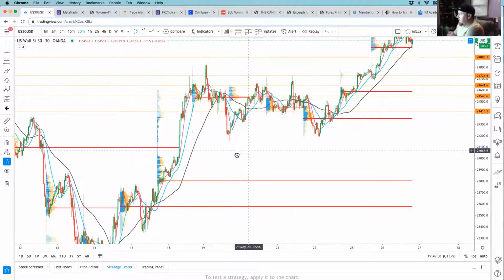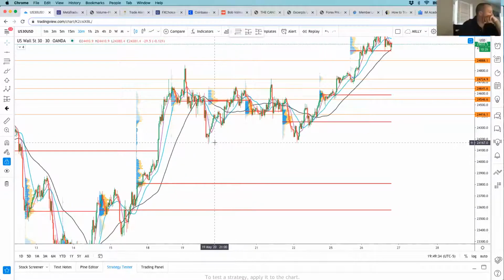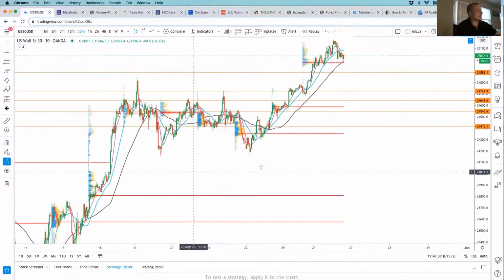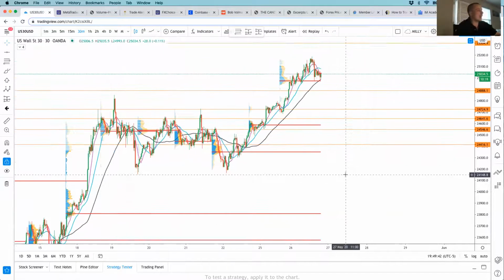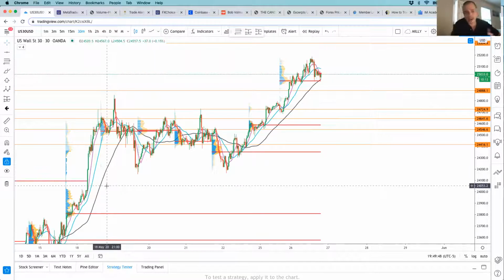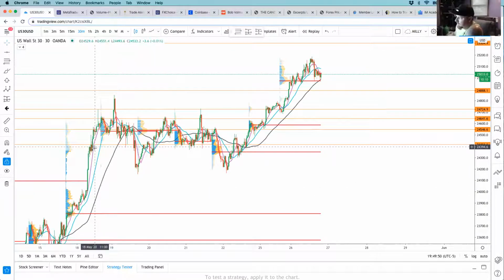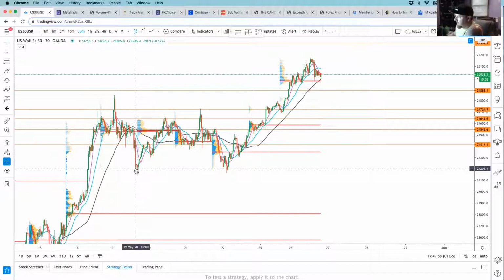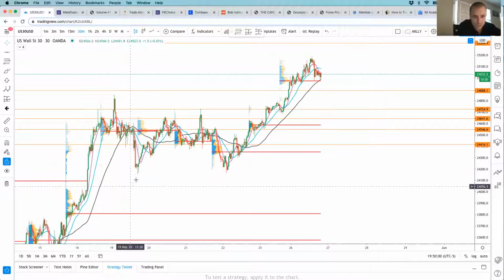So, as it goes to no nodes, as the nodes got smaller, would you be looking for a quick move or a breakout? Yeah, from here up, or if price is here and it's coming back down. See, look, as soon as it hit this value area, it dropped back down. Right. Okay. Big breakouts.